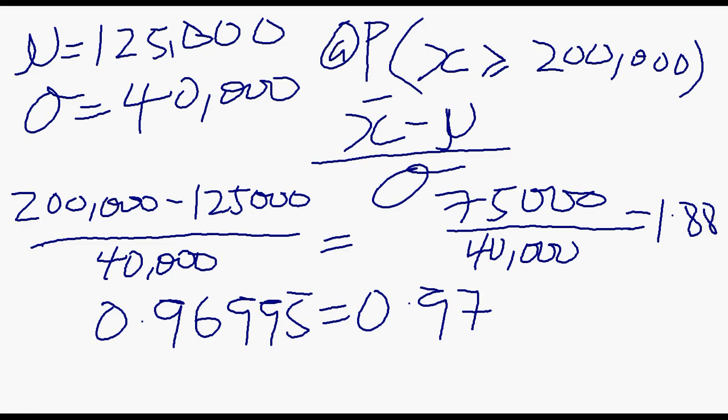And that's the final one here. The final probability, that's the one that you leave in 4 decimal places. But if you are tracing on the Z table, you cannot trace more than 2 decimal places on the Z table.